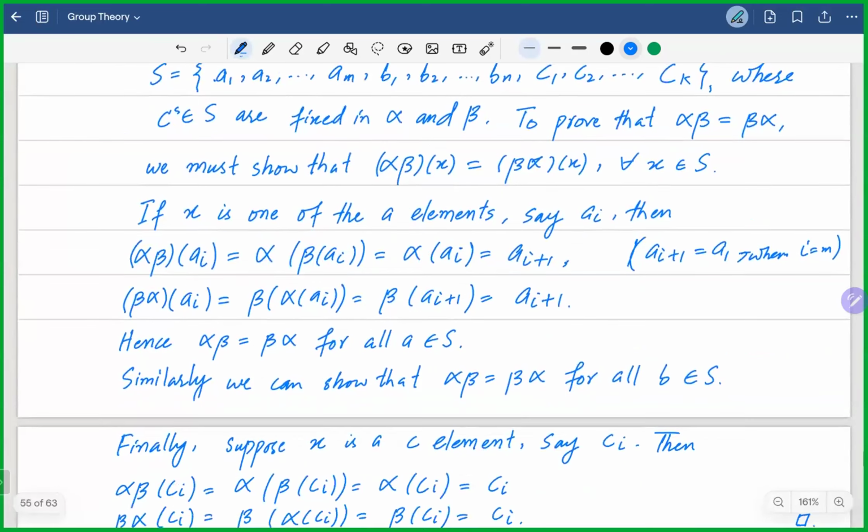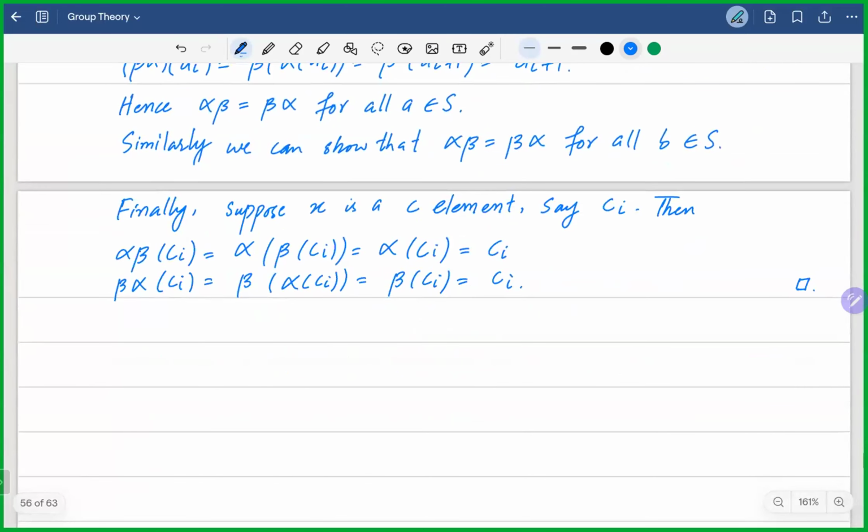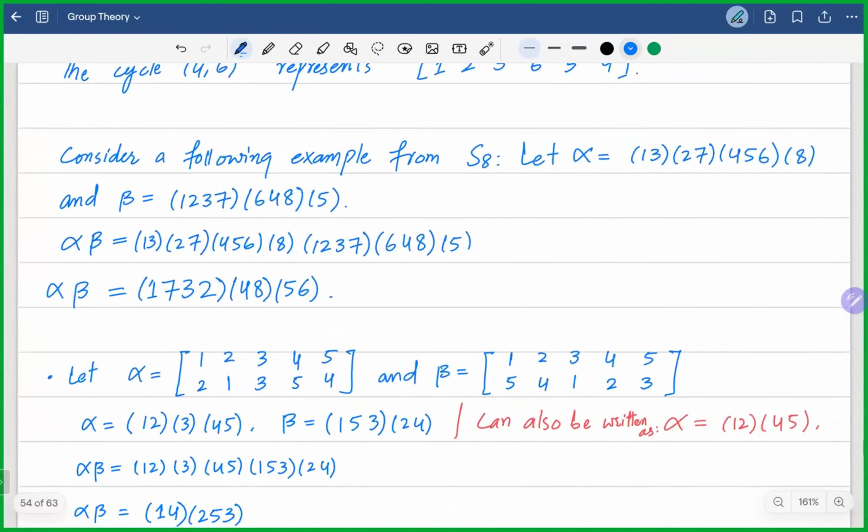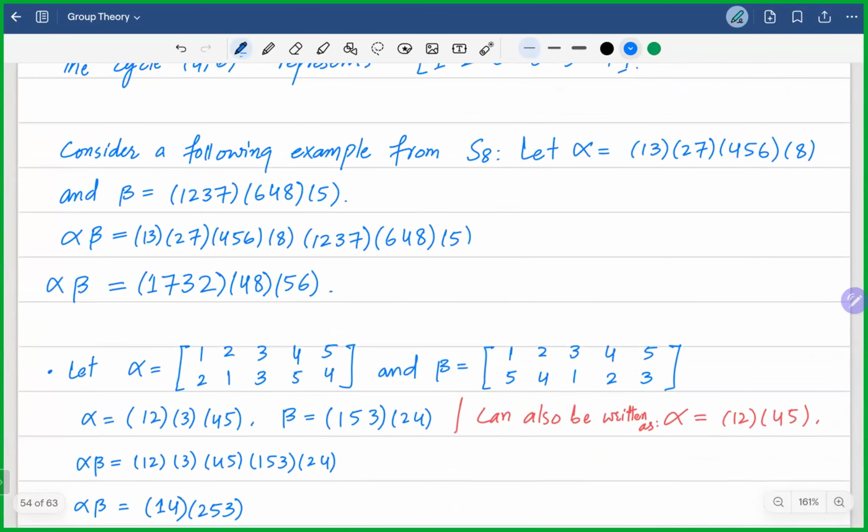Now, in demonstrating how to multiply cycles, we showed that the product of two permutations, here alpha beta, can be written in disjoint cycles in this way.